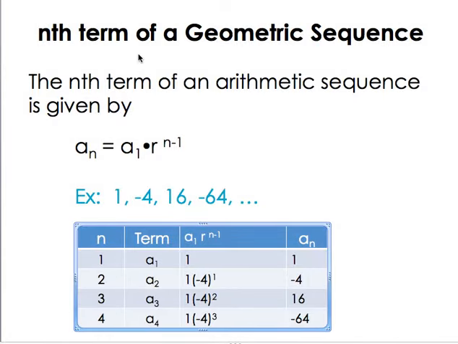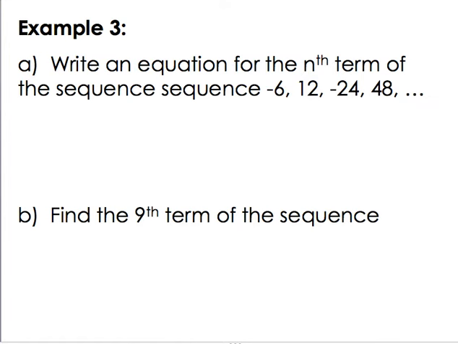Okay? And we can use this formula in order to write an equation for the nth term of a geometric sequence. So in this sequence, example 3, it says write an equation for the nth term of the sequence negative 6, 12, negative 24, and then 48. So the first thing we have to do is find our common ratio.